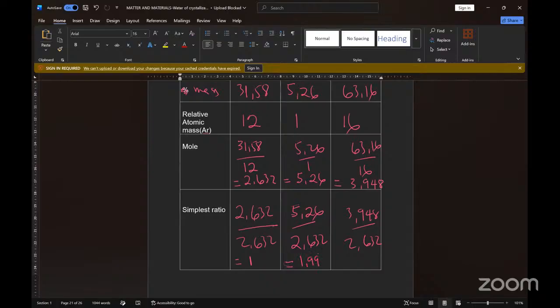So it's pretty close. Then let's look at this one. This is 3,948 divided by 2,632. And this one gives us 1,5.